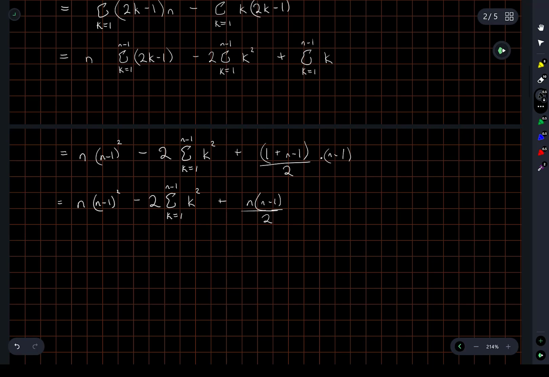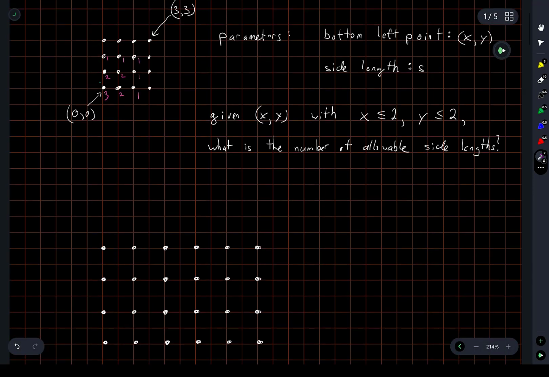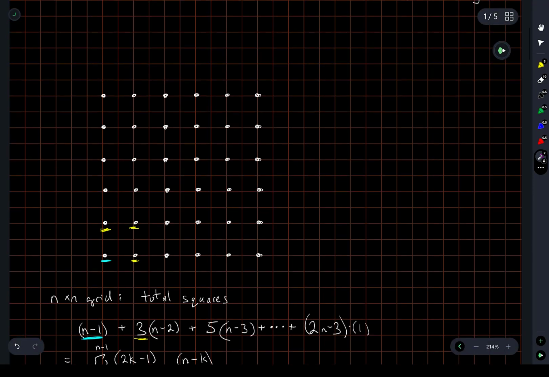Okay, so I know there's ways of figuring out with geometric arguments what this summation is in terms of the index n, but the main part of this problem really was recognizing the pattern this collection of dots has: each dot highlighted here has the same number of possible squares where the dot corresponds to its bottom left point in the square.